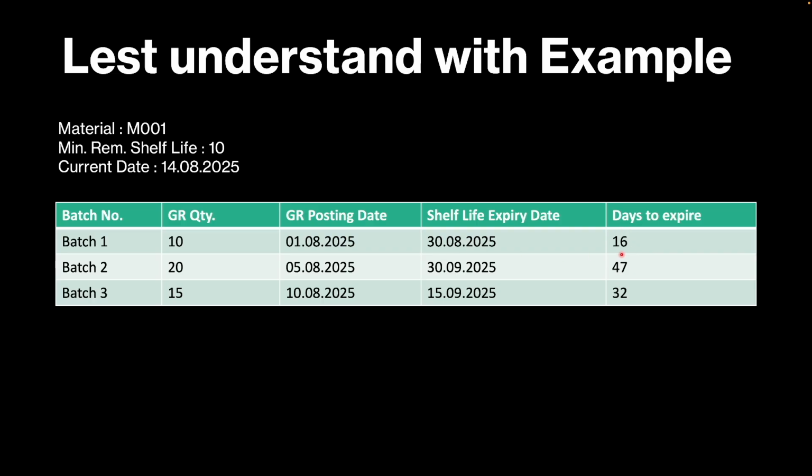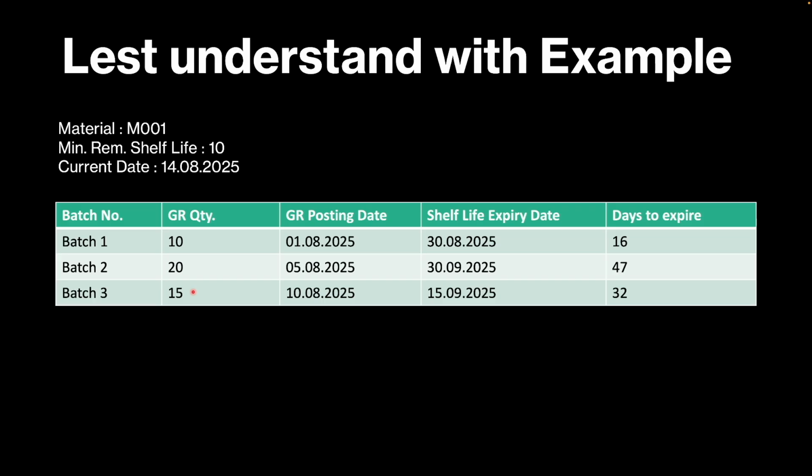So for batch 1, you can see you have 16 days to expire. For batch 2, it is 47 days. And for batch 3, it is 32 days. So you can see we have these three batches and the total quantity is 45. Now let's say that you want to issue 30 quantity out of these three batches. So based upon various strategies, the system will determine from which batch the material is going to be issued.